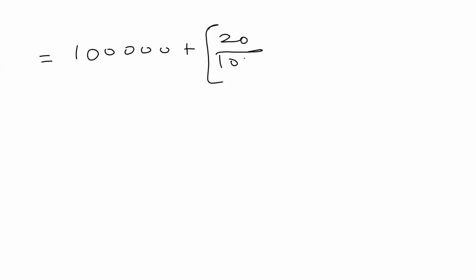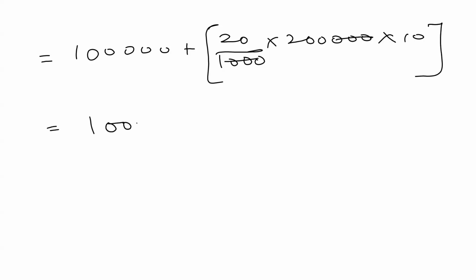So it will be 20 per thousand, not percent. Since it is per thousand, I am putting 1000 in the denominator, into 2 lakh, which is the policy value, into 10, because he's getting the bonus for 10 years. So zeros are getting cancelled. So this will be 10 lakh, 4 zeros.